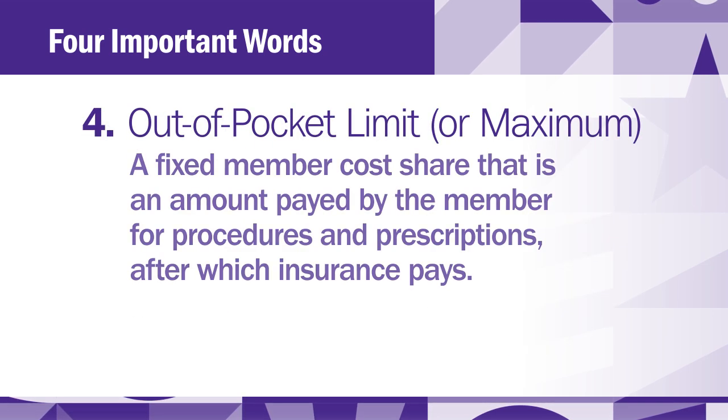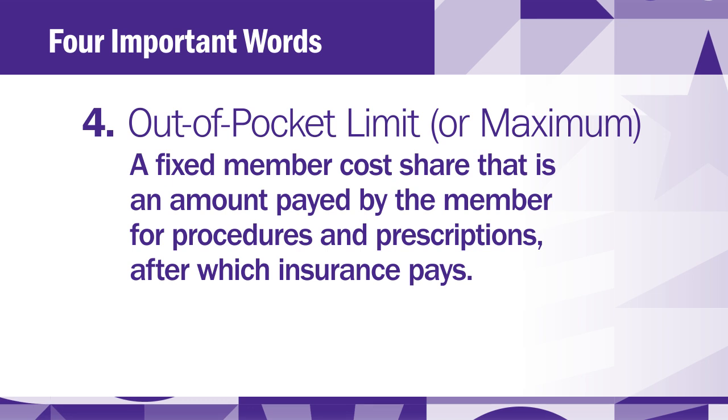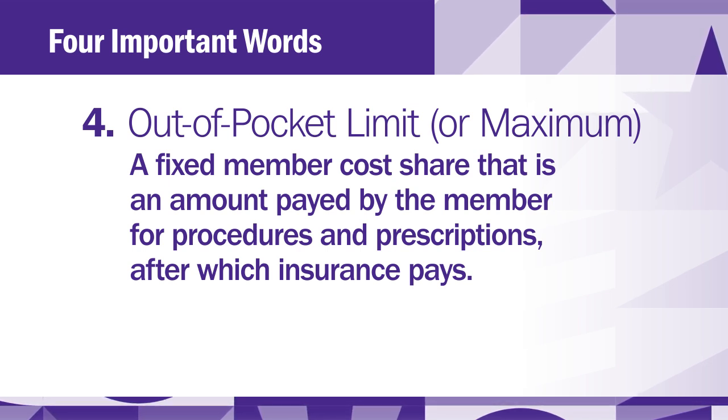Out-of-pocket limit. An out-of-pocket limit, or you may also hear it referred to as out-of-pocket maximum, is really just what it sounds like. It is your protection or your cap so that you cannot go out of pocket more than a certain dollar amount. Now that dollar amount is going to differ depending on which plan you pick.